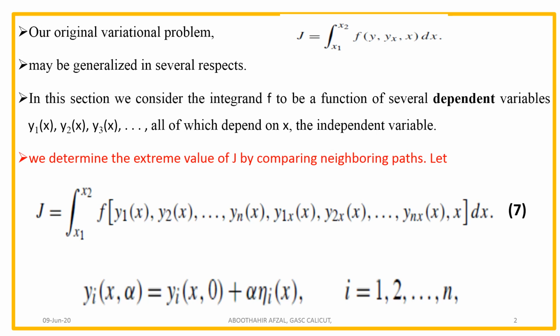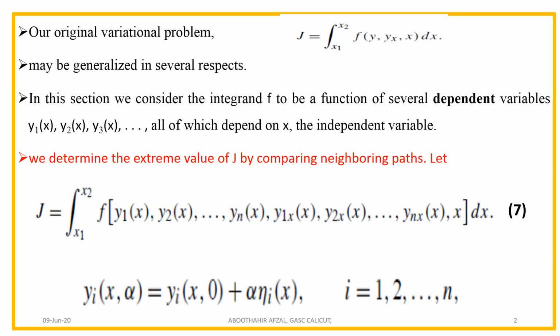You all remember our variational problem can be expressed as J is equal to the integral from x1 to x2 of a functional f, which depends on y, y_x and x.